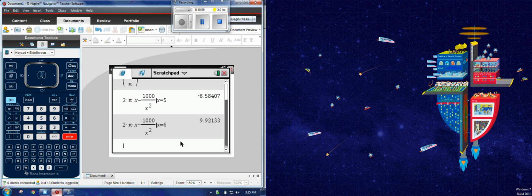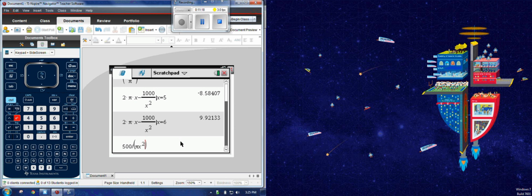So we have 500 divided by pi r squared. You could do the such that if you wanted, or you could plug it in. I tend to like the such that, so I'm going to put 500 over pi x squared, and then the such that. It really doesn't matter.